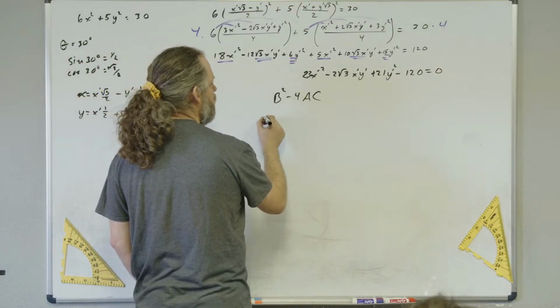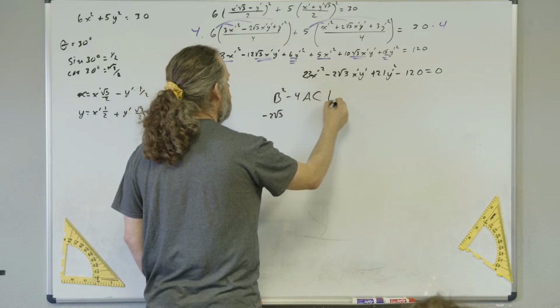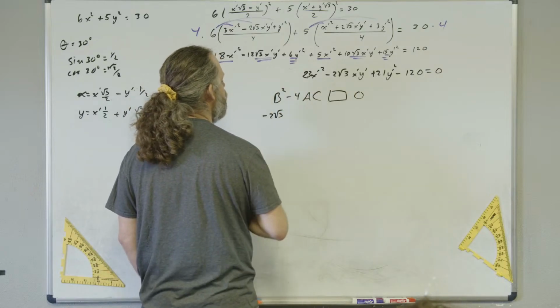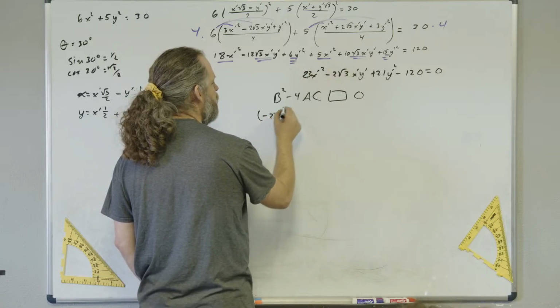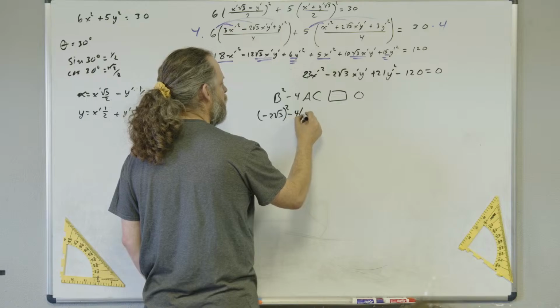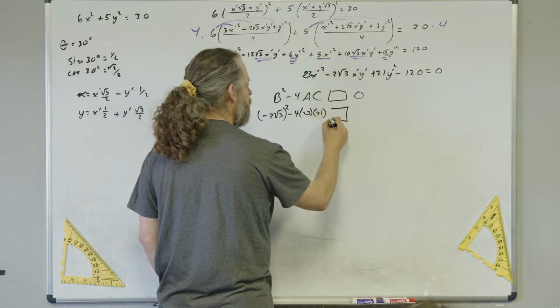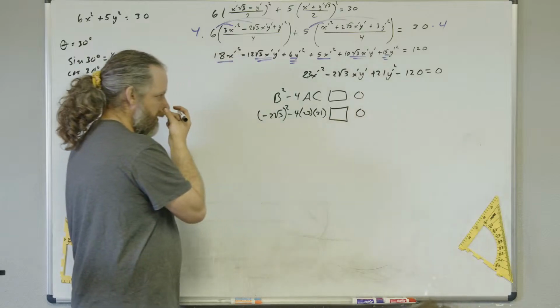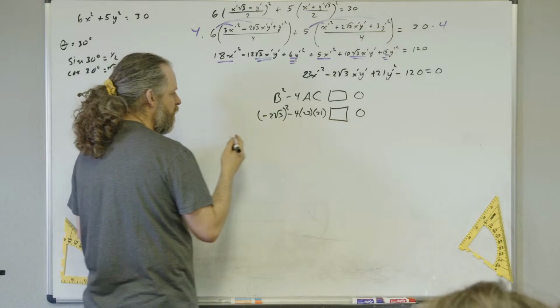So -2 times the square root of 3. We're comparing that with 0, right? This squared minus 4 times 2 times 3 times 21. Comparing that with 0. That squared is 4 times 3, which is 12.